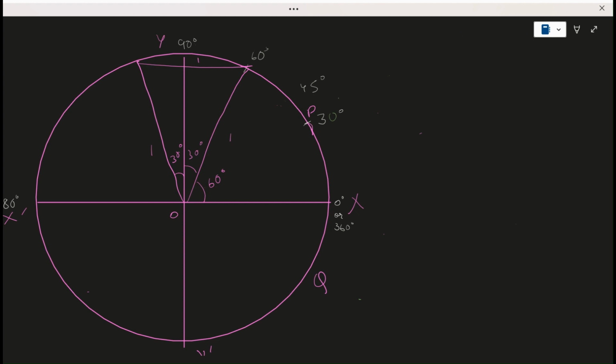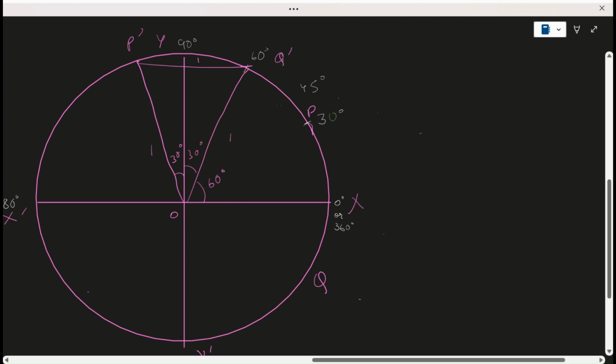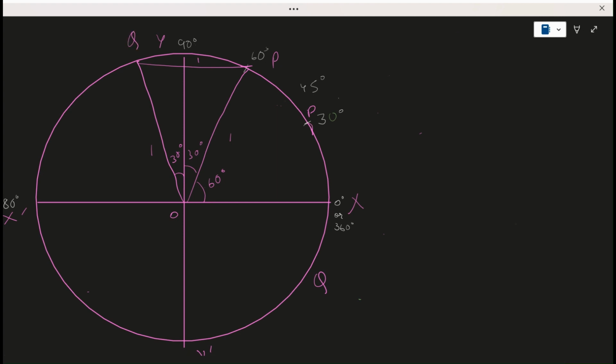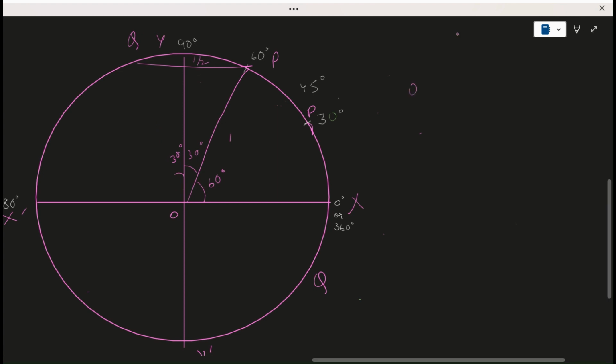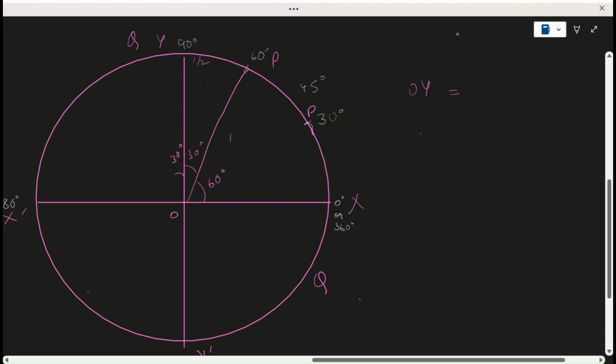So if we take this, let this be point P, let this be Q. So what will be YP? That will be half. And again we get, let this OY we get as, we remove this.